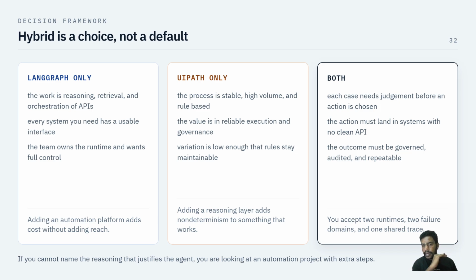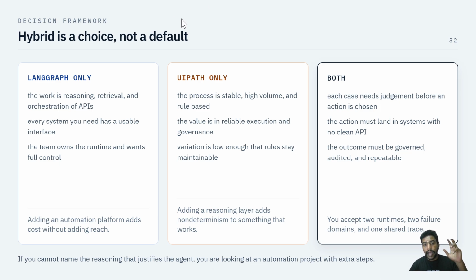Be clear-eyed about the price of that choice: two runtimes, two failure domains, and one shared trace to build and maintain. Here is my honest test. If you cannot name the reasoning that justifies the agent, you are looking at an automation project with extra steps.